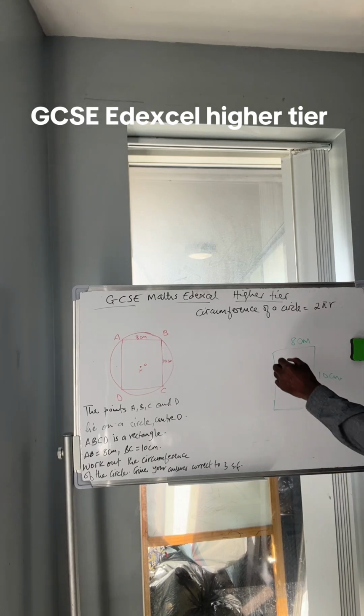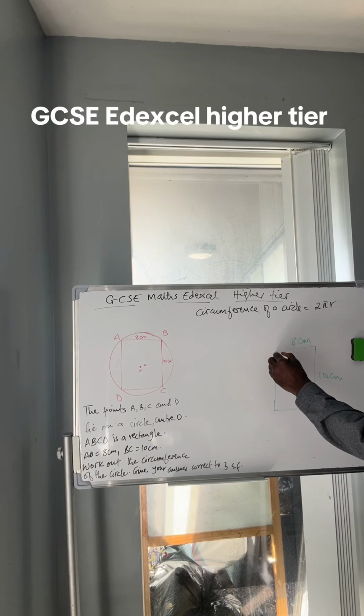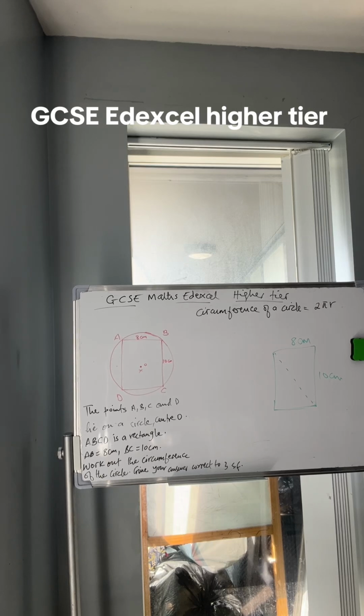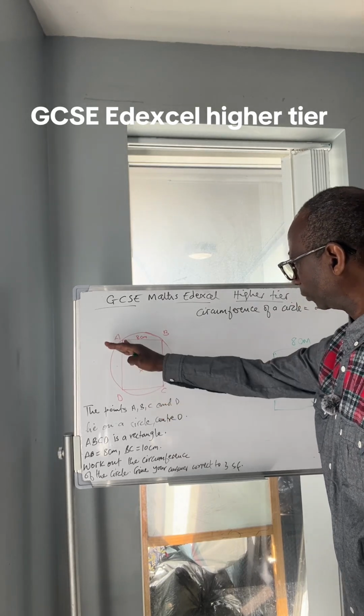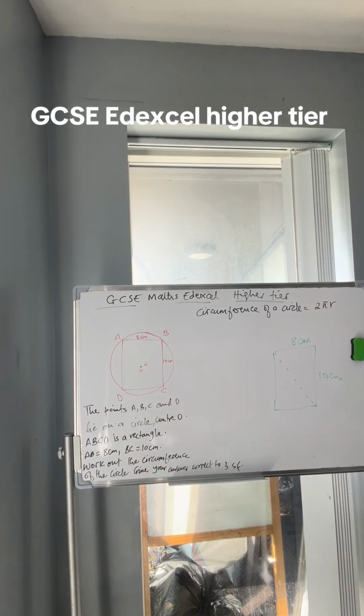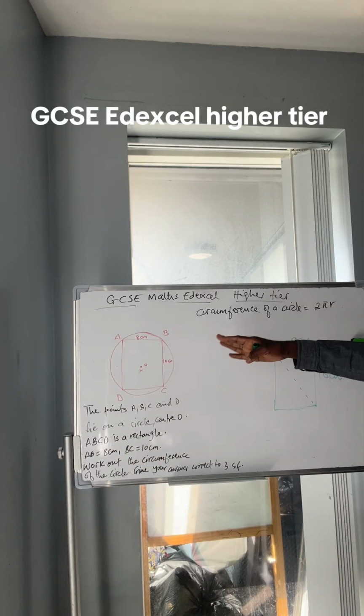So let's find the diagonal of this rectangle, because the diagonal here will pass through the center of the circle, whether we draw it here or here, whichever way.